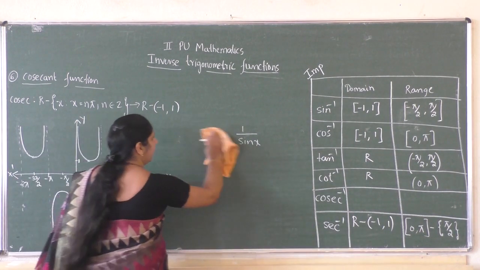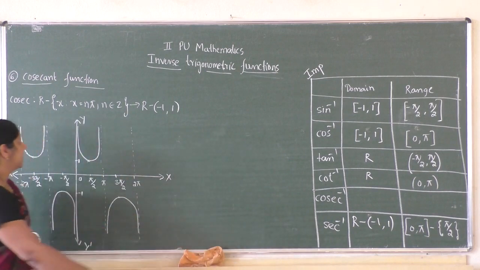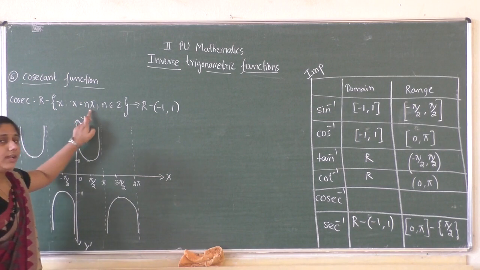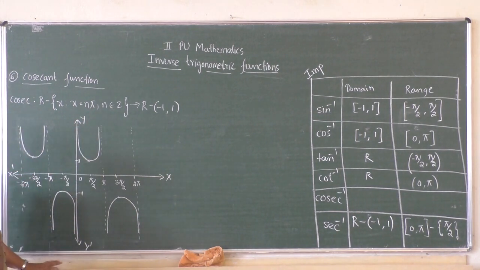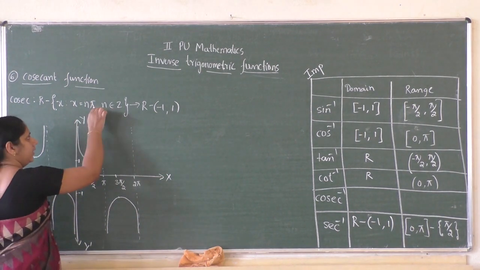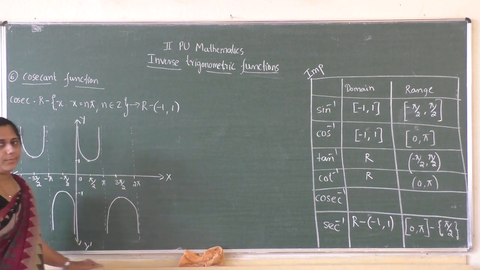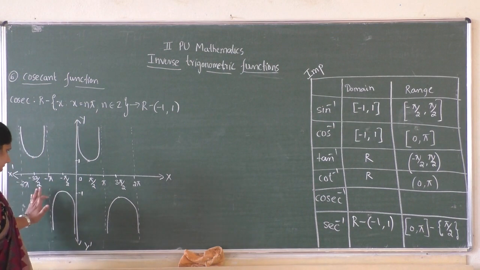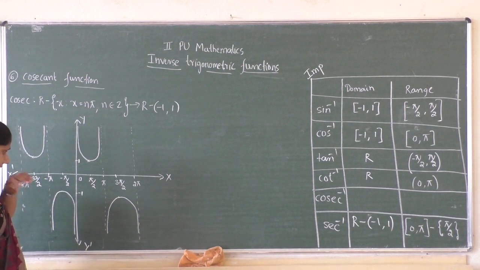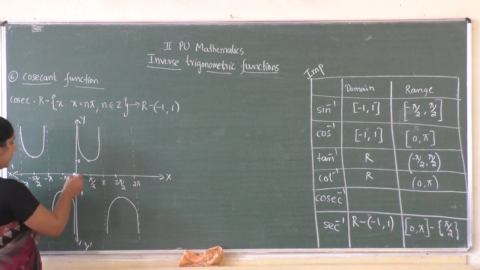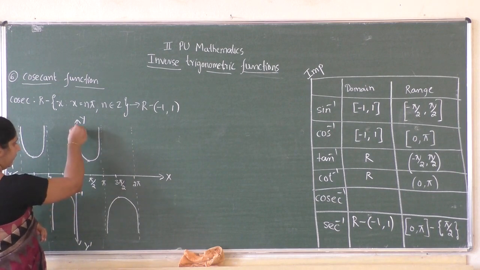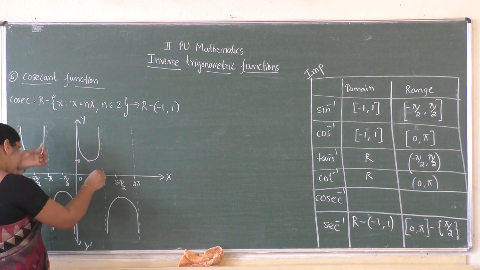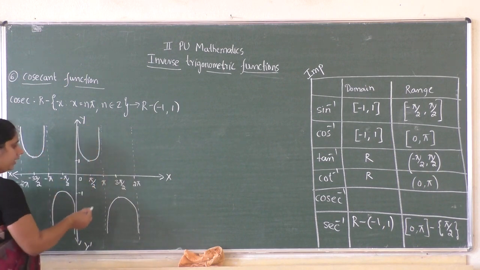So the domain of cosec is R minus the set of all x such that x equals n pi, where n belongs to Z. And the range is R minus the open interval minus 1 to 1. This graph we already studied in the first year: cosec 0 is not defined, cosec pi by 2 is 1, and cosec pi is not defined.